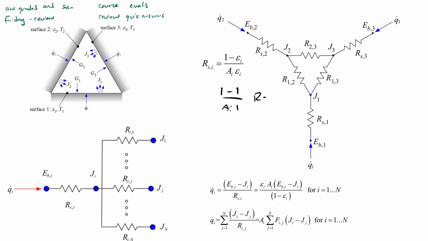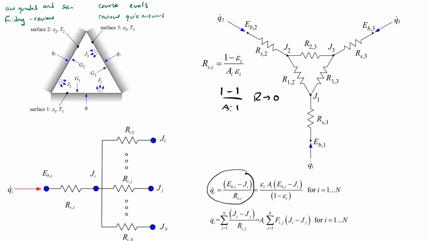So the resistance here would go to 0. And if the resistance goes to 0, we look down at this equation down here, we're dividing by 0, yes, but not if we take the resistance and bring it over to the other side and multiply Q times that resistance. So then the left-hand side becomes 0, which just says E_BI is equal to J_I. That's all we're doing if we say that resistance is 0.